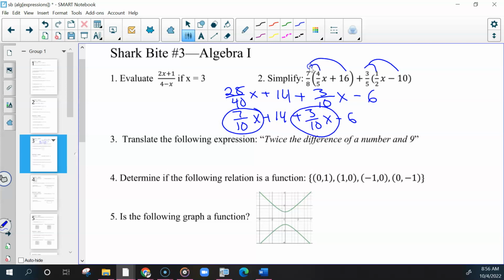So 7 plus 3 would give us 10 over 10. 14 minus 6 would give us 8. And then simplify. This would just become 1x or x. So x plus 8 was your final answer for number 2. Questions on that one?